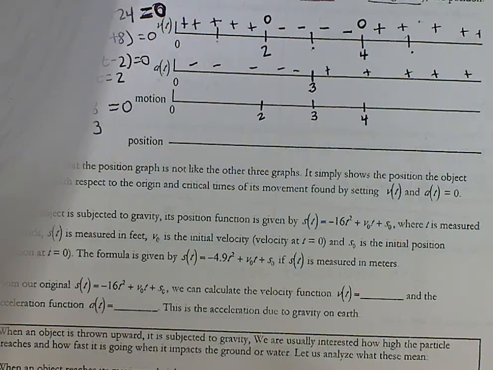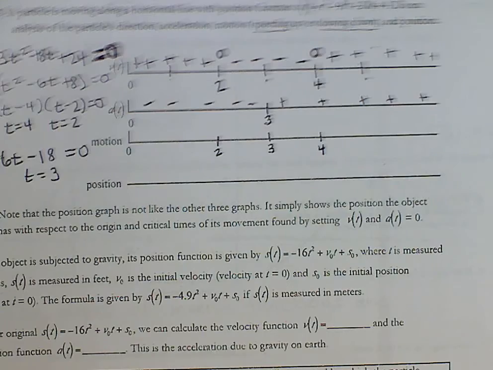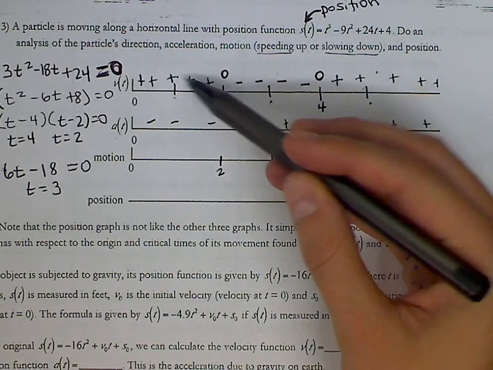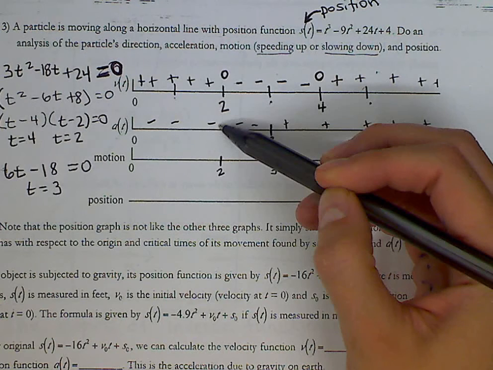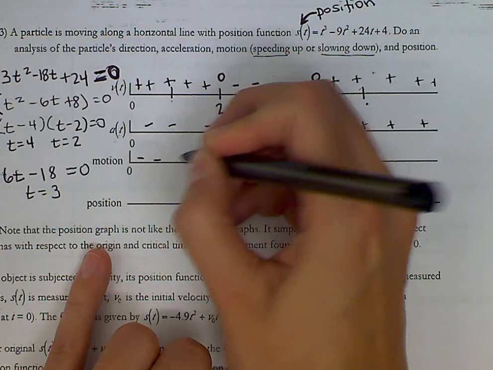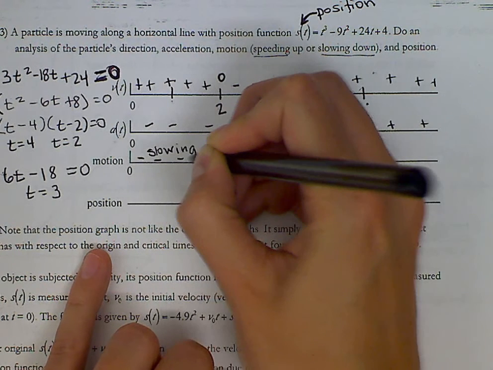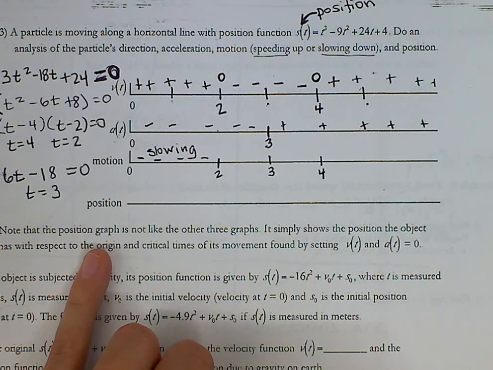So we look back here, and we can look at our charts and see that here, before 2, they have opposite signs. When they have opposite signs, it means it's negative, which means it's slowing. Slowing. Okay?